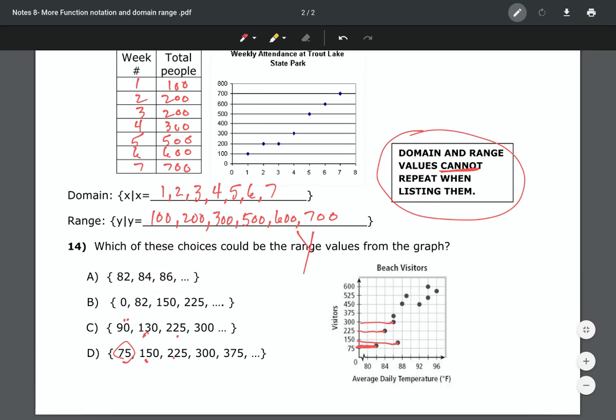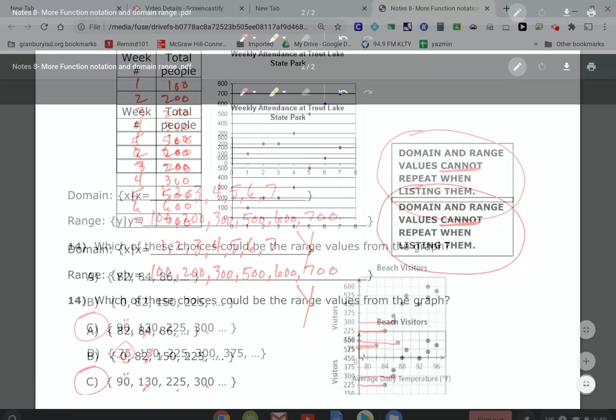And then we have 300 and then dot, dot, dot. Both of these have 300. But I really think that letter C is probably closest, because this really isn't right at 175 and it's not right at 150. So it's above 75, which would be 90, and then 130, it's below 150. So I would guess that letter C would be the most accurate on that one there.